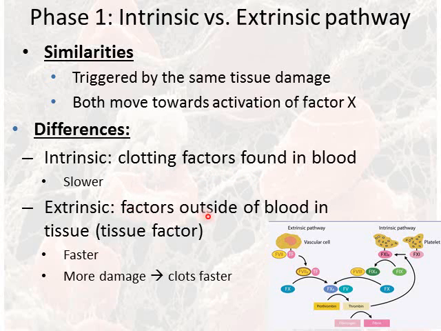Extrinsic is due to factors found outside the blood, in the tissues of where the damage is, and the main factor is called tissue factor, and that's not normally in the blood. Intrinsic is much slower, extrinsic is much faster, and the more damage we have, the more tissue factor we have released, and the more powerful clotting we have, and that's important for more damage leading to more clotting.